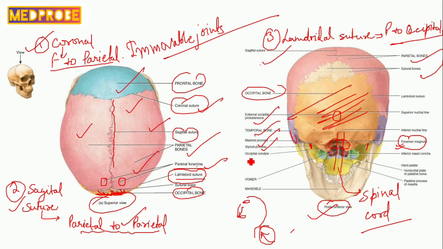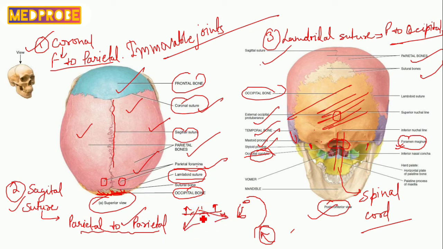Here you can see a condyle. Have you seen a seesaw? A person sits on each side, and it moves sometimes to this side and sometimes to the other.